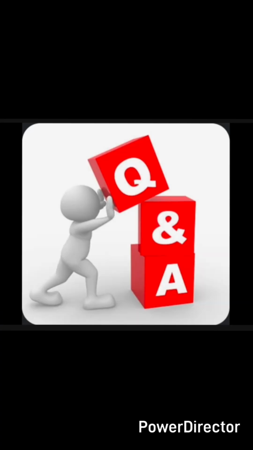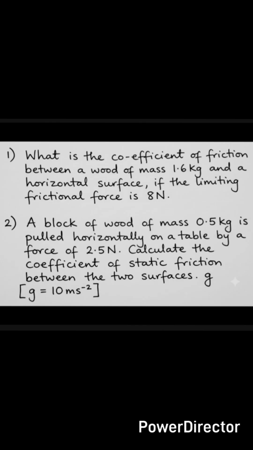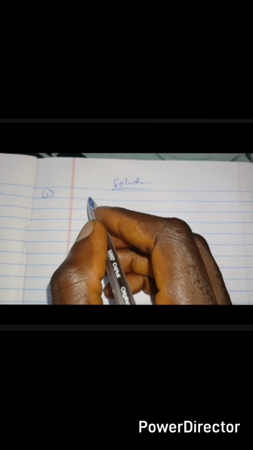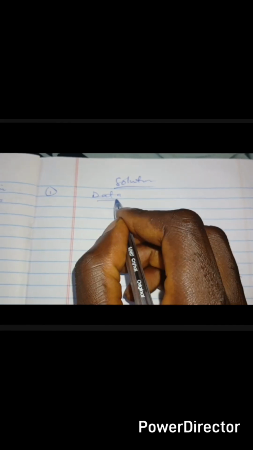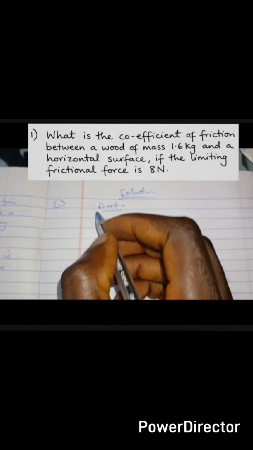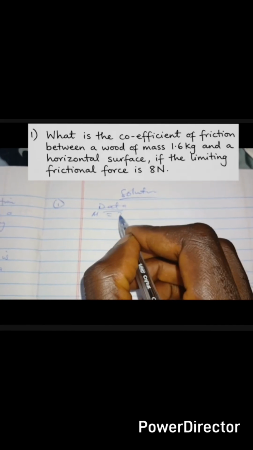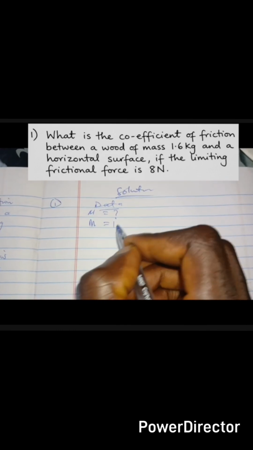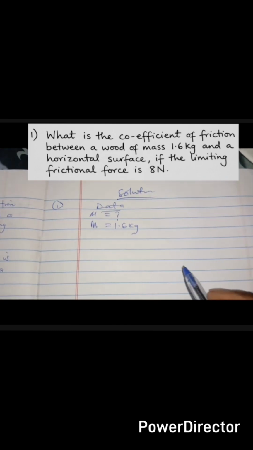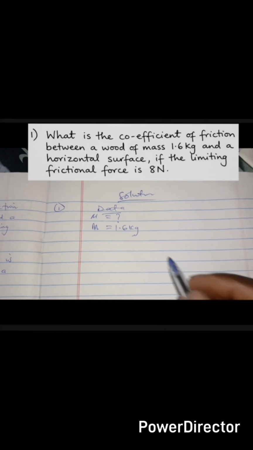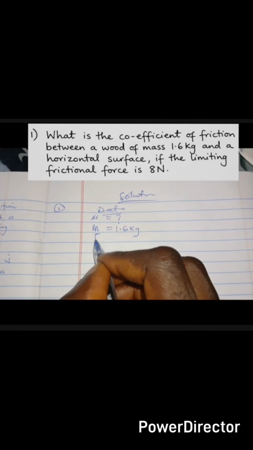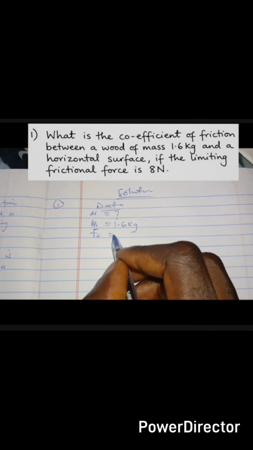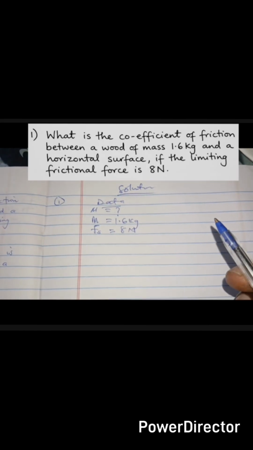It's question time. Let's get the important information out of the question. So our data. What is the coefficient of friction? So the coefficient of friction is not given. Between a wood of mass 1.6 kg and a horizontal surface, the limiting frictional force, which is the same as the static frictional force, is 8 newtons.